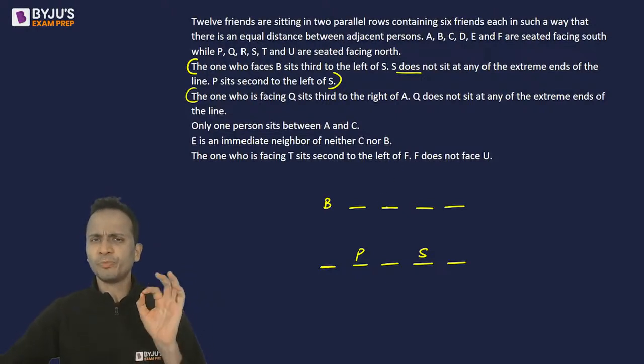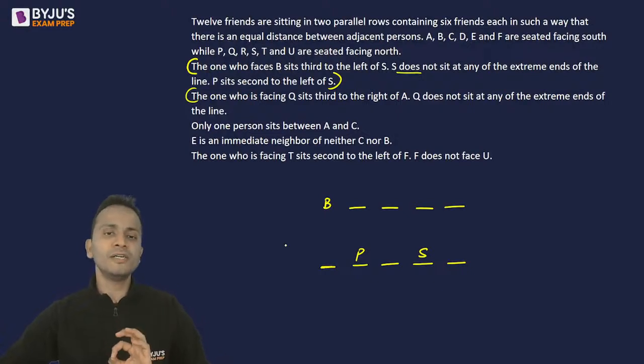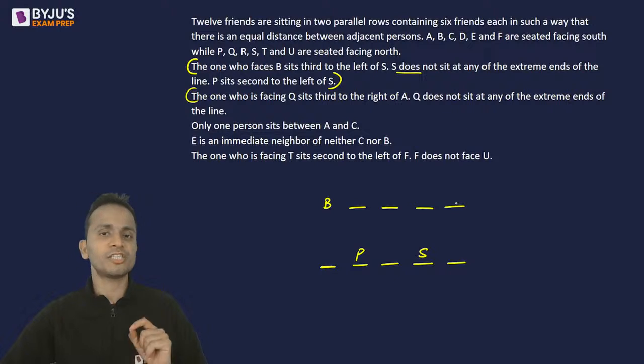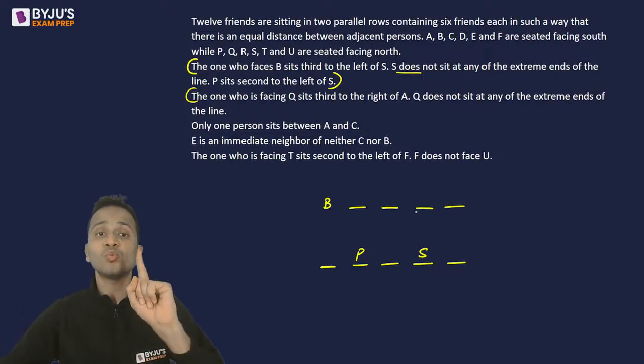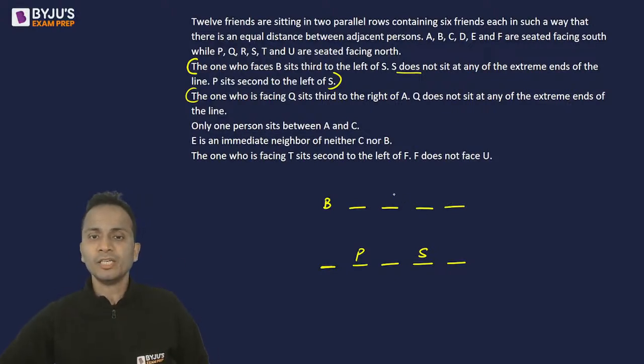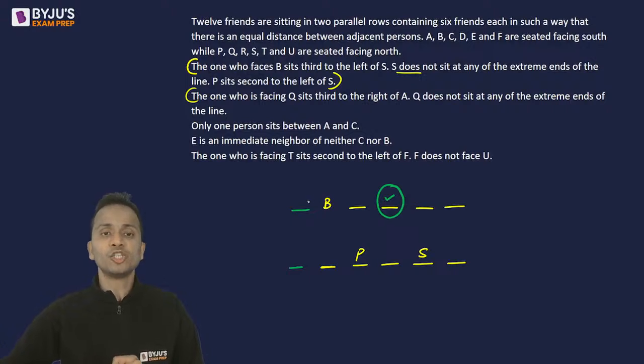Now first of all, there should be someone who is third to the right of A. I already have 5 chairs in the first row. I will have to place one more chair. That's it. So A can sit at this chair and third to the right of A will come here. But Q does not sit at any of the extreme ends, because if I make A sit here, then Q will come and sit here and Q cannot be at any of the extremes.